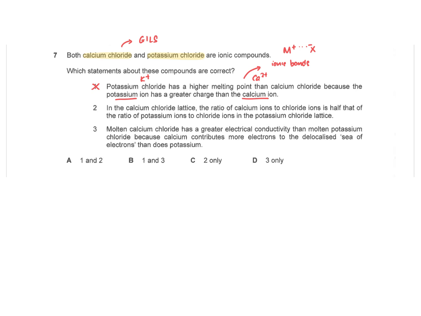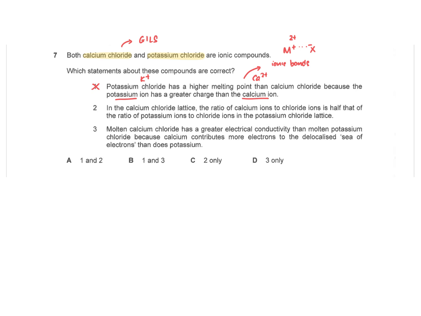So the greater the charge, the stronger will be the electrostatic forces of attraction, then the higher will be the melting point. So an ionic compound made up of a metal ion with a greater charge would have stronger ionic bonds and therefore higher melting point. This is not really in the syllabus, but it is good to know.